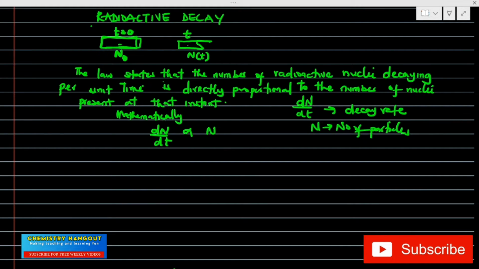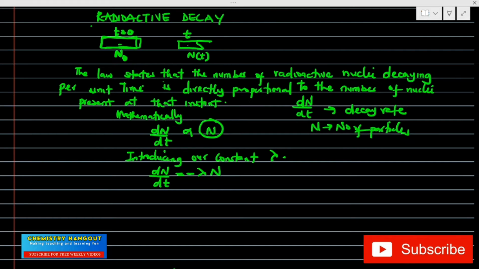Introducing our constant here. And our constant is lambda. Like our normal variation, we have dN over dt is equal to minus lambda N. Now you'll be surprised, how come I have minus? This minus is telling me that as this very particular N is decaying, it is getting smaller.